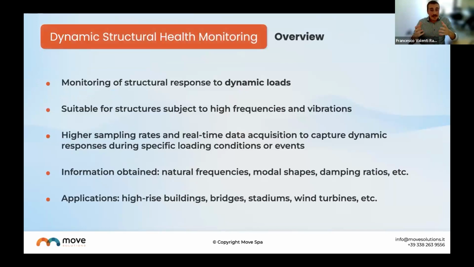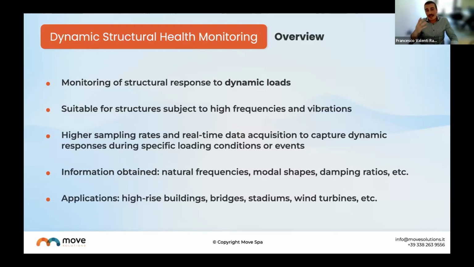Now we can pass to dynamic structural health monitoring, with a little overview about what we mean by dynamic SHM. When we speak about dynamic structural health monitoring, we speak about a type of monitoring that is used to handle dynamic loading, such as people walking, wind, waves, traffic, huge blasts, and maybe earthquakes, vibration.